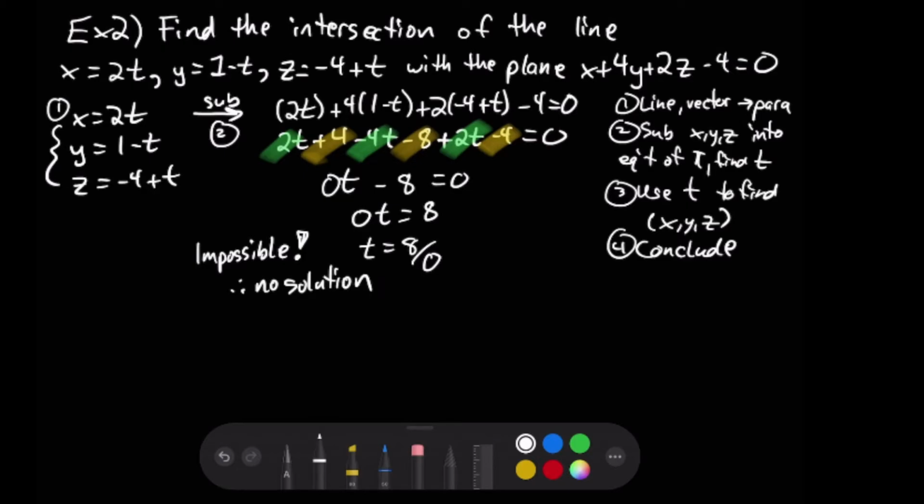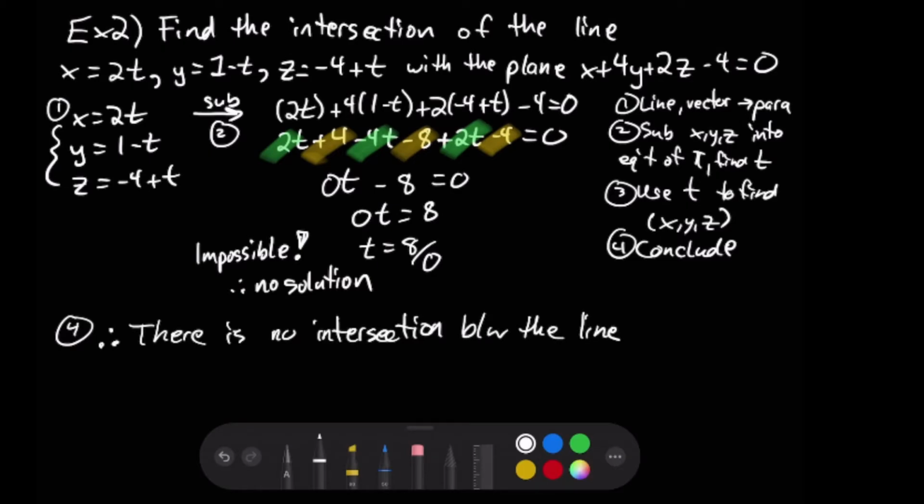So in our concluding statement, we can say, step 4, therefore, there is no intersection between the line and the plane. And how is that possible? We've talked about this case already, but let's sketch it quickly.